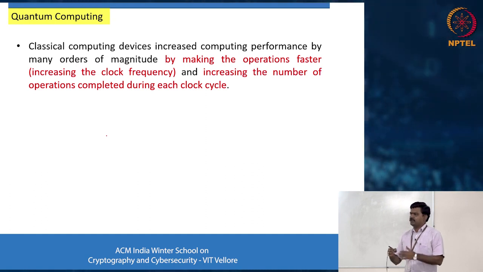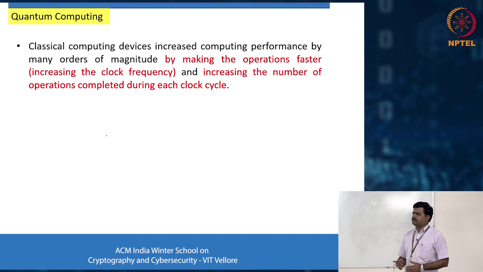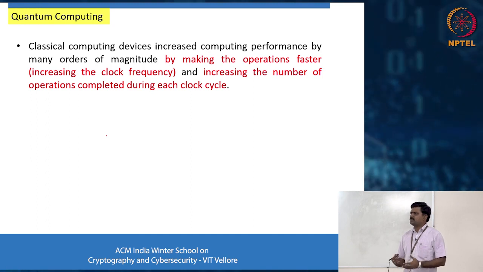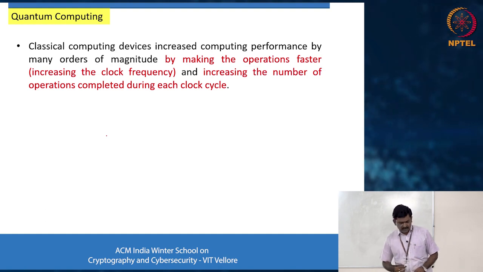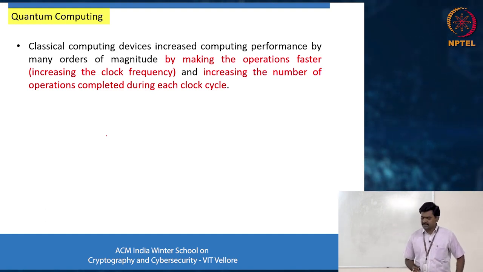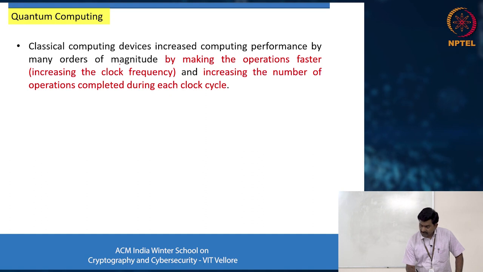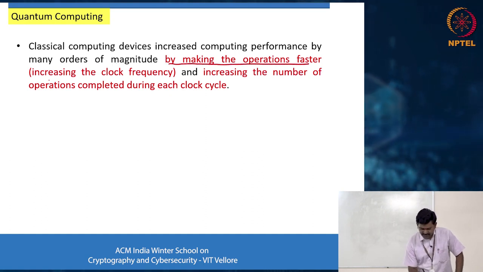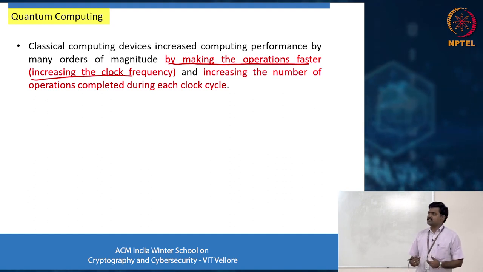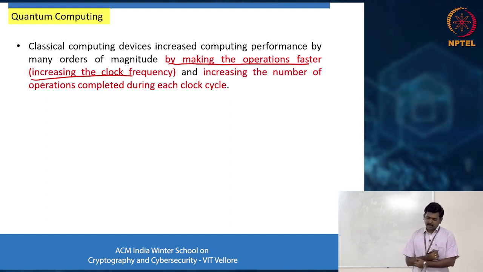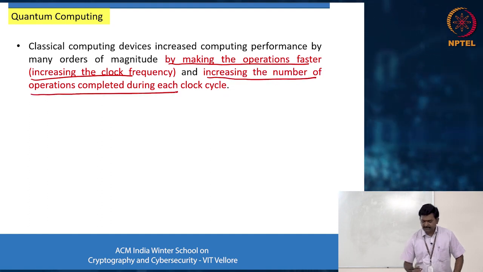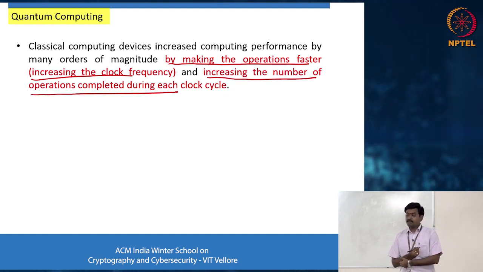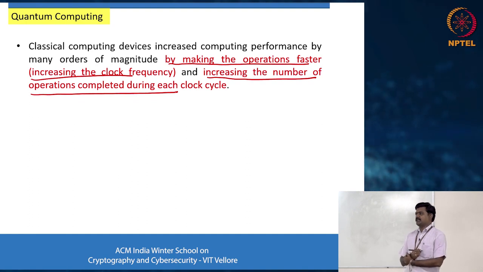We all have heard or read that quantum computing is trying to provide massive computing power. First of all, how do we achieve higher computational power? In general, for classical computers, we can increase the computational power by making the operation faster, that means increasing the CPU clock frequency, or by increasing the number of operations completed during each clock cycle.